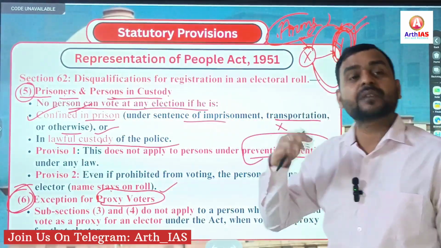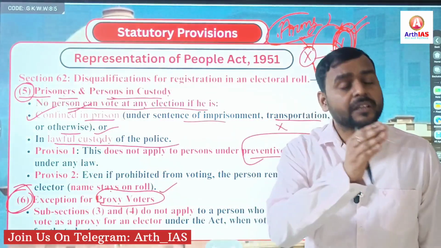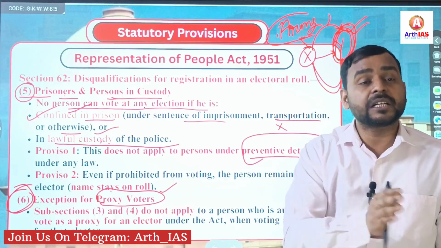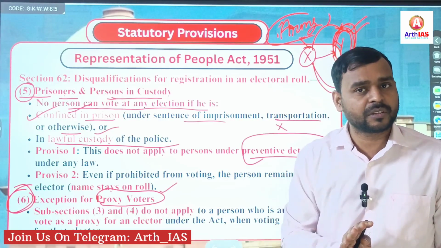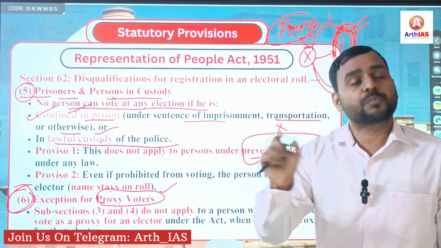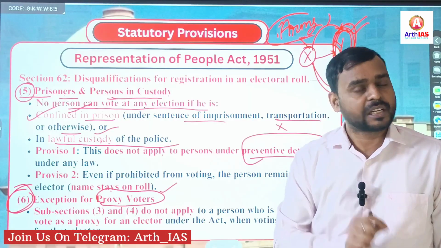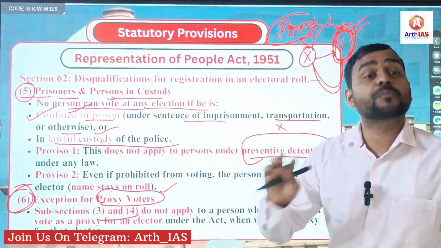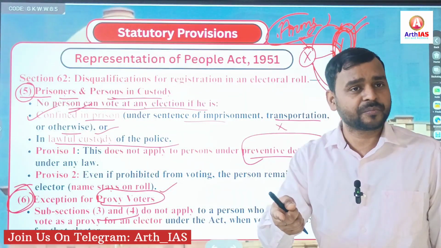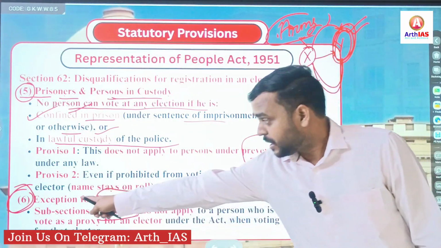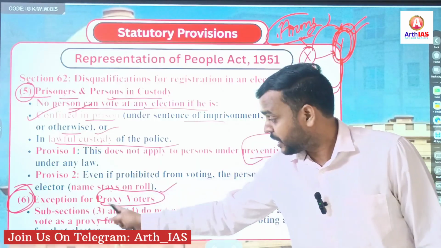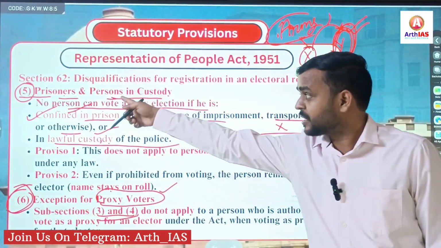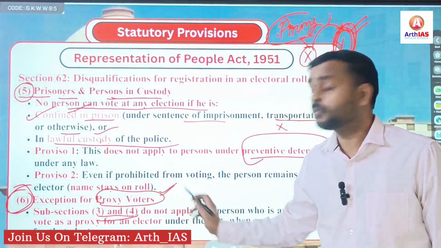And other examples are there: army personnel or persons who are deputed in state government service or central government services and currently not in their own constituency. They can also choose a proxy voter. Clear? So here, subsections 3 and 4 prohibit more than one voting. Clear? So subsection 6 is an exception to subsections 3 and 4 of section 62, and it is related to proxy voters.